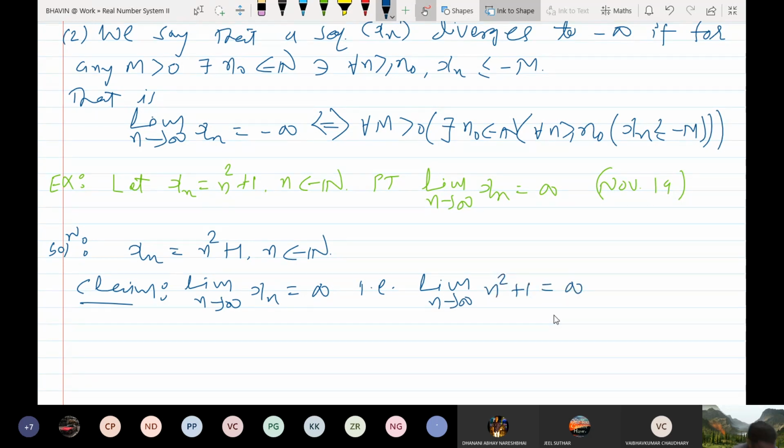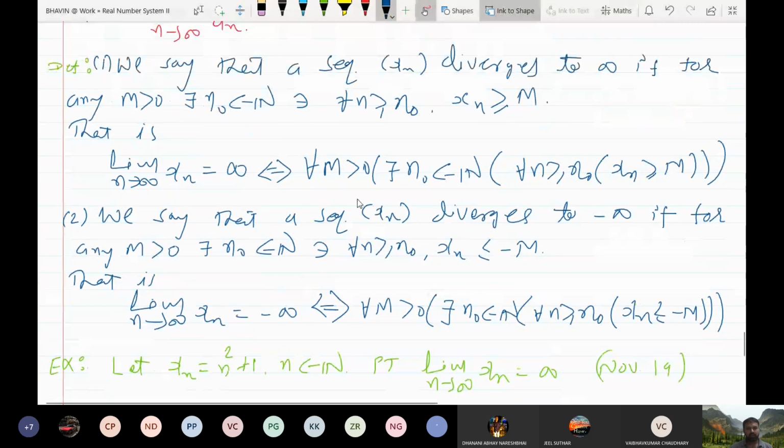I can say that xn diverges to infinity if for any m greater than 0 this happens.